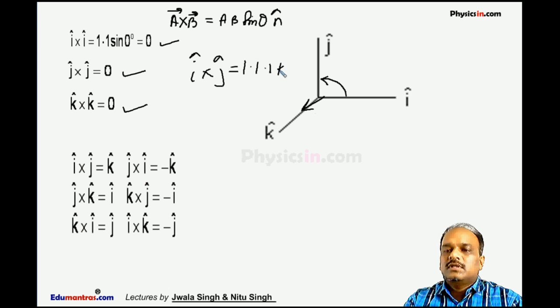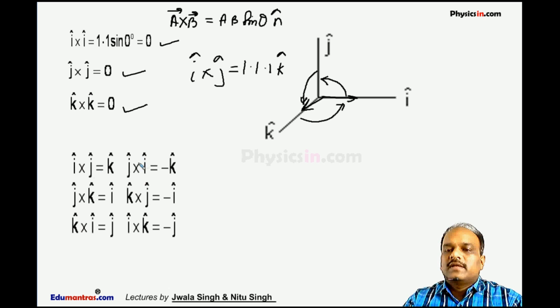So I cap cross J cap is K cap. Similarly, J cross K means we have to rotate J towards K, so it is in the direction of I cap. K cross I: if we rotate K towards I, it is J cap.